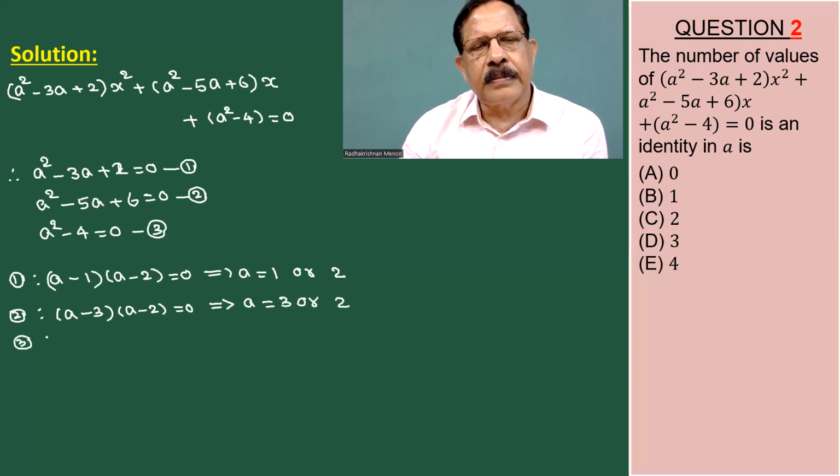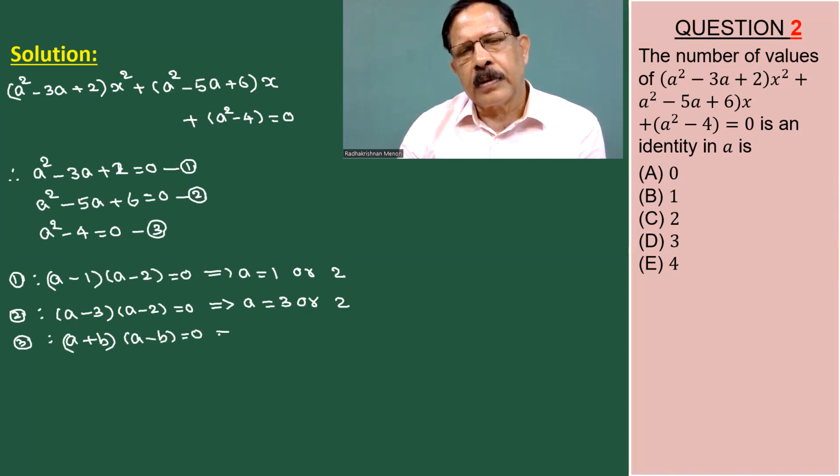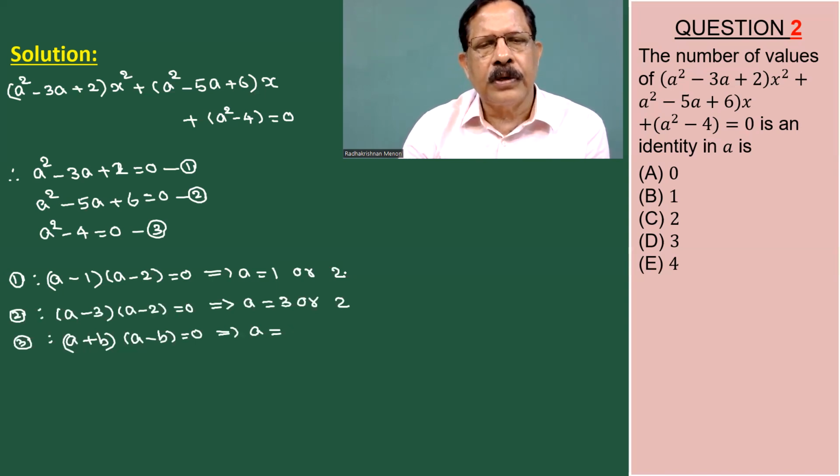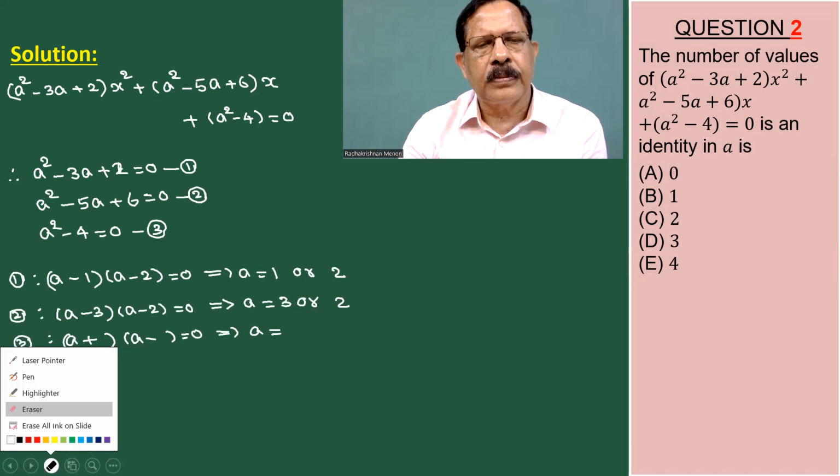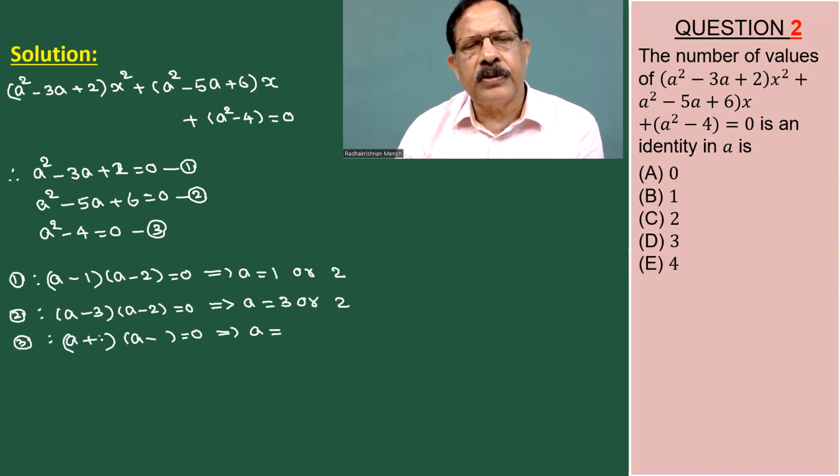Third one, a plus 2 into a minus 2 is equal to 0.